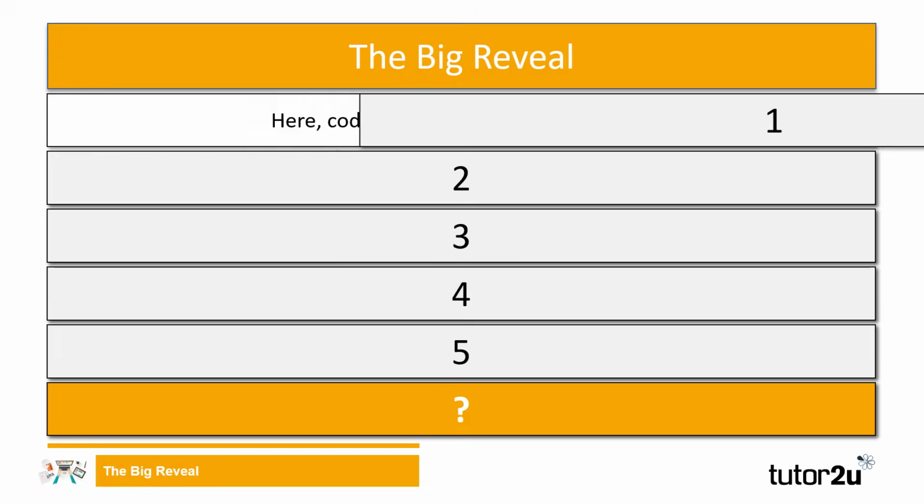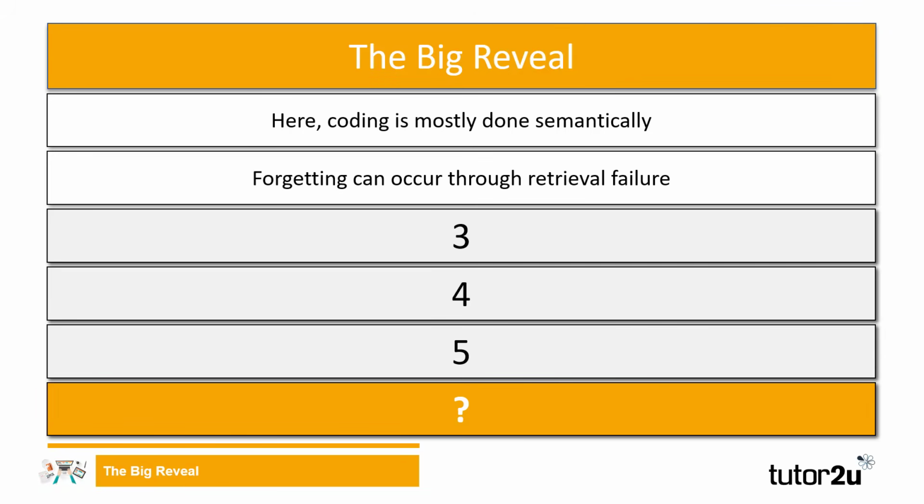Let's have another go. Here, coding is mostly done semantically, so we're looking for a place. Where is coding done semantically? Forgetting can occur through retrieval failure in this place. So where is it I'm talking about? What location? The capacity of this place is unlimited.